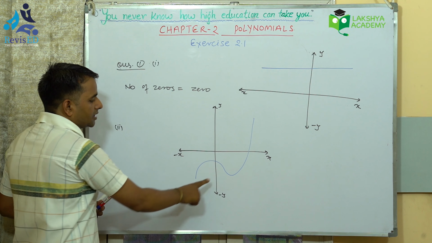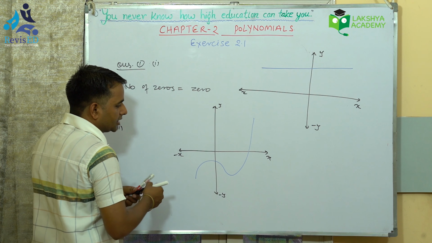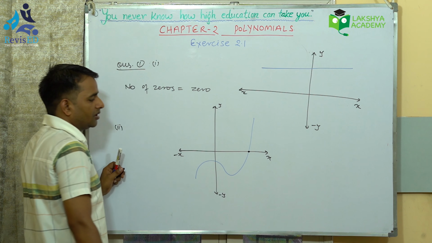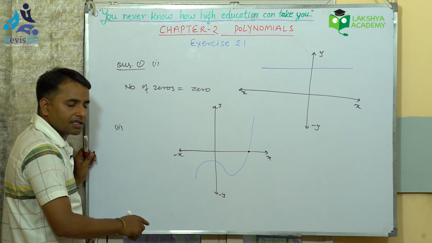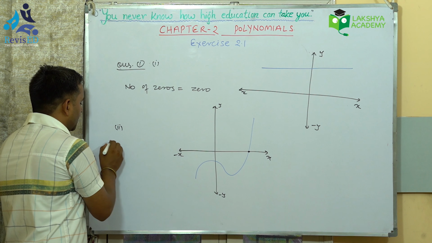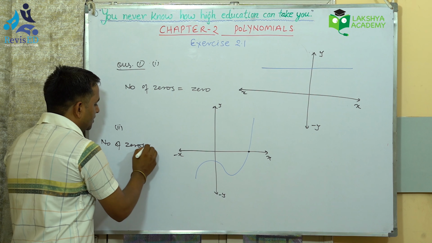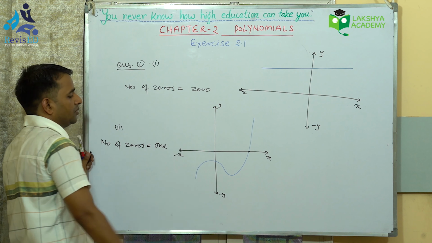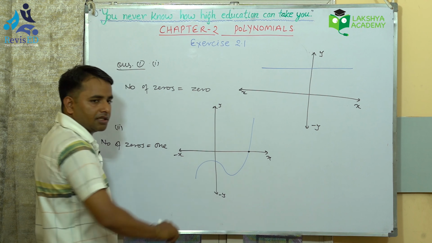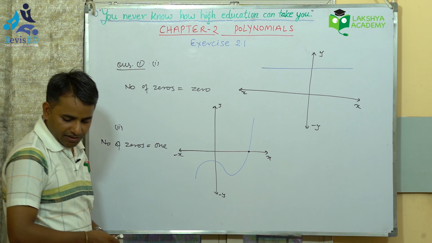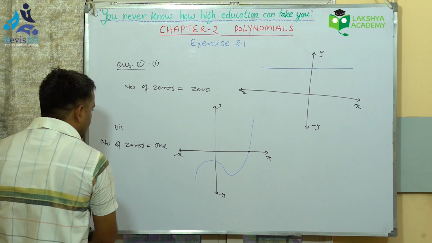Now see that this graph is intersecting or touching the x axis only at one point. This is the only point where this graph is touching the x axis. Therefore, number of zeros would be 1 only, because it is touching the x axis only at one point. So, number of zeros is 1 in this case. Similarly, we will discuss other parts also.